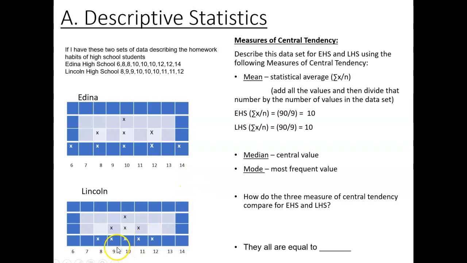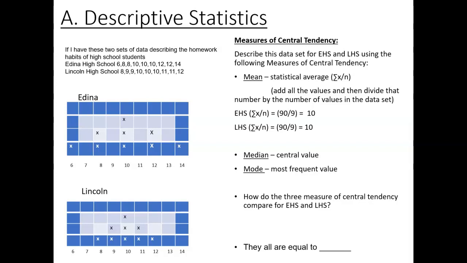Lincoln's data is a little bit more compact. We have 1 8, 2 9s, 3 10s, 2 11s, and 1 12. So the first measure of central tendency, probably the one that is really important to know, is the mean. The mean is merely the statistical average of your data set.